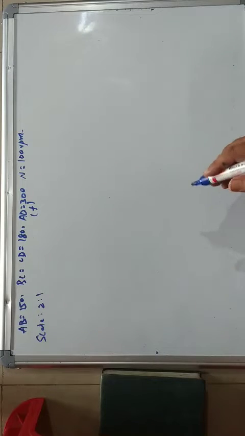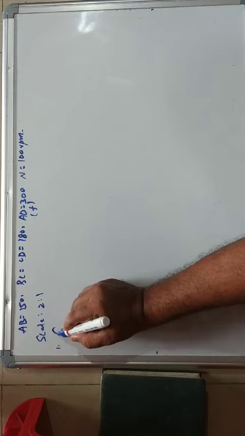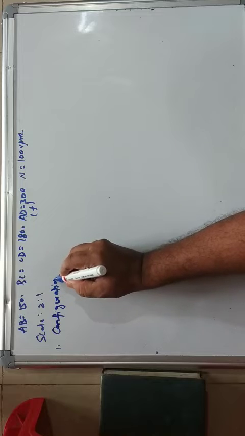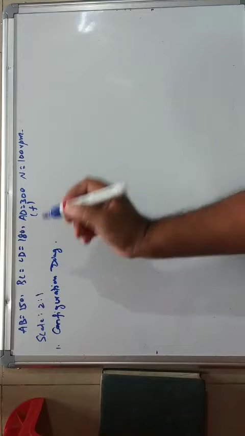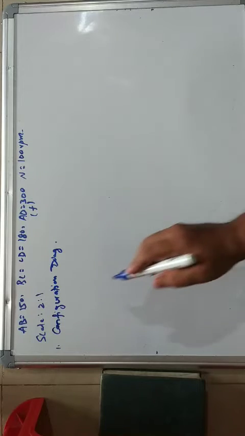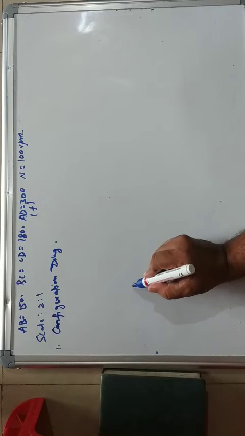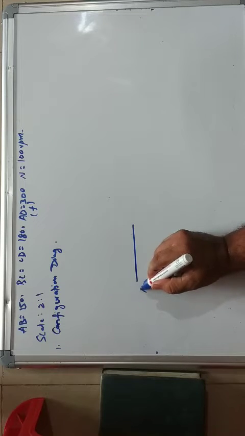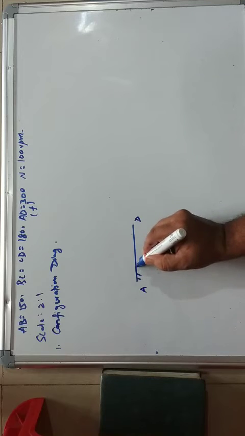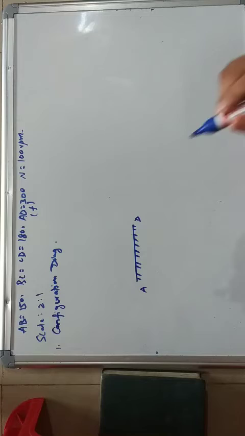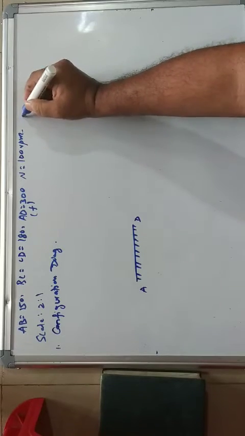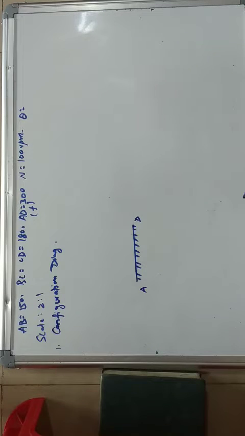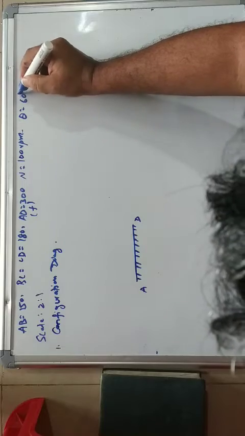So the first step is the configuration diagram. Again I am drawing to the reduced scale, no problem. I will draw the fixed link AD, this is A, this is D. In the problem, BAD is given as 60 degrees.